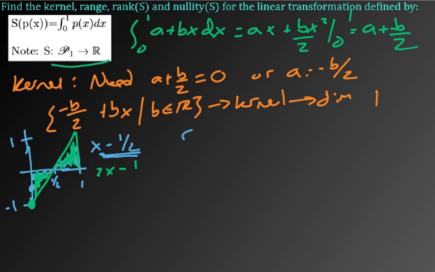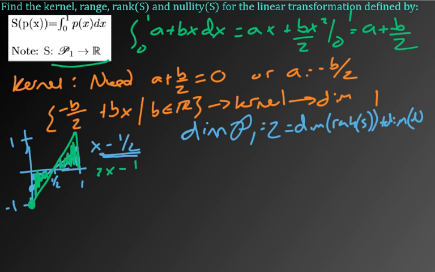We know that the dimension of P1, which is equal to 2, needs to equal the dimension of the rank of T, or here it's S, sorry, plus the dimension of the nullity, the dimension of the kernel of S. And so we know 2 equals something, plus we just talked about how that needs to be 1, so this needs to be 1.